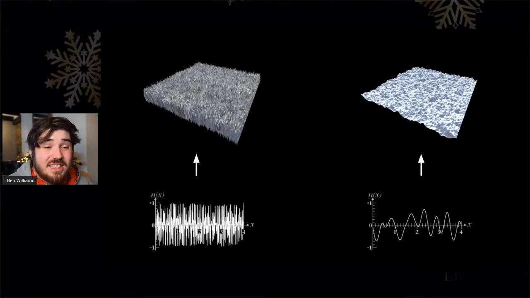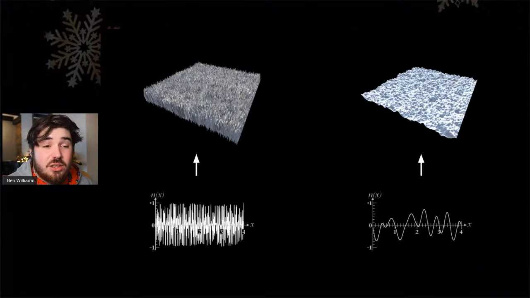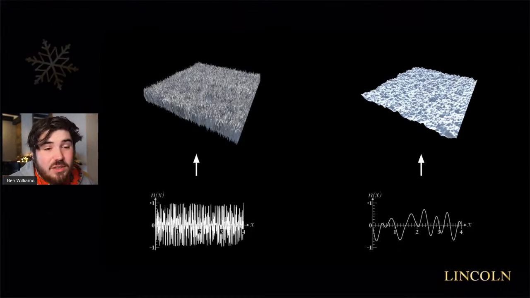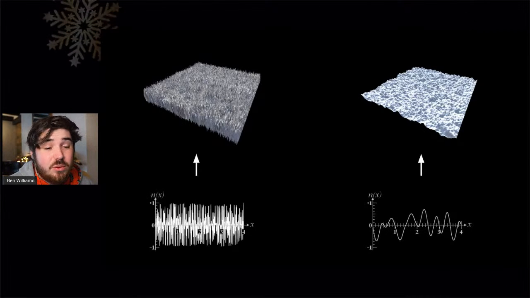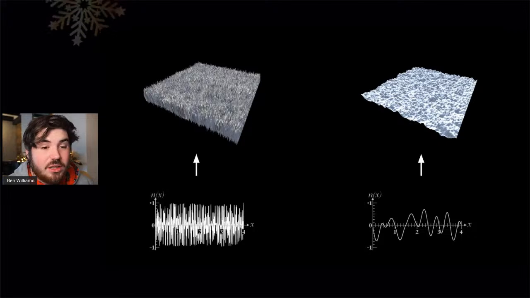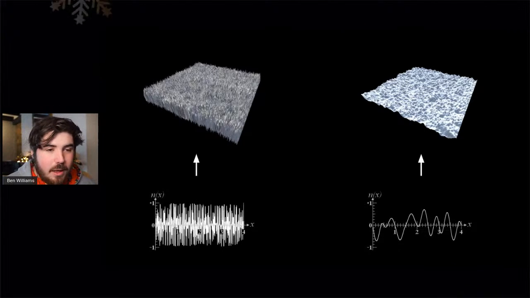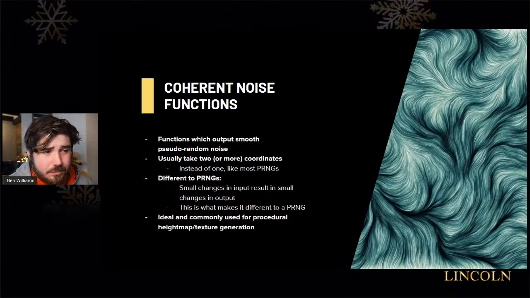But on the right, you can start to see how we might use this for something like a ground texture or a terrain. We could think of the peaks and valleys as mountains and so forth. And this is one of the ways we can use coherent noise: generating terrains. We can just take something that looks smoothly random and then throw it onto a terrain.